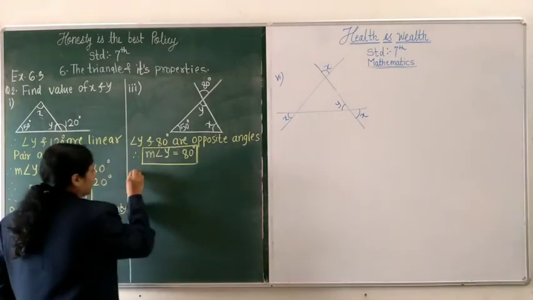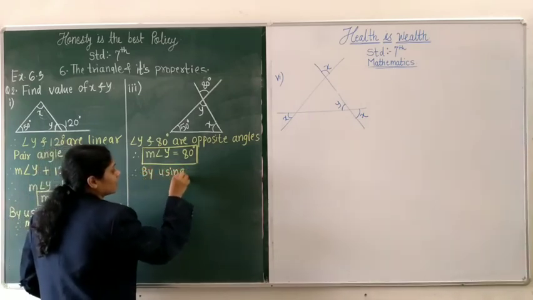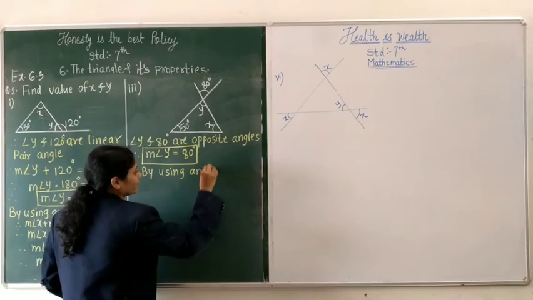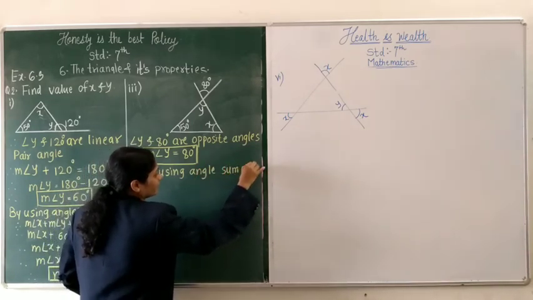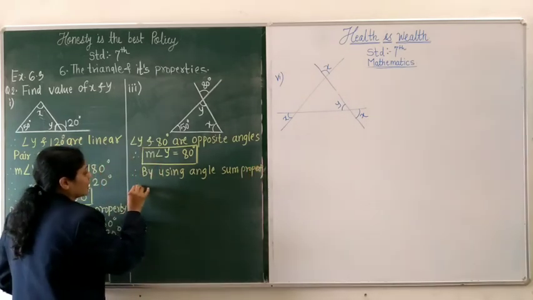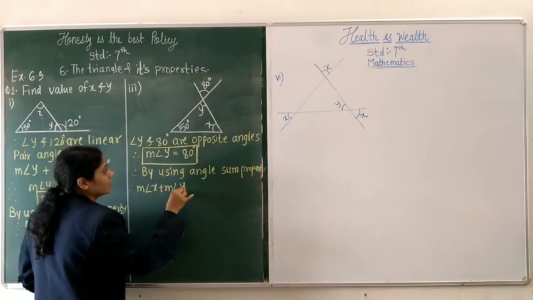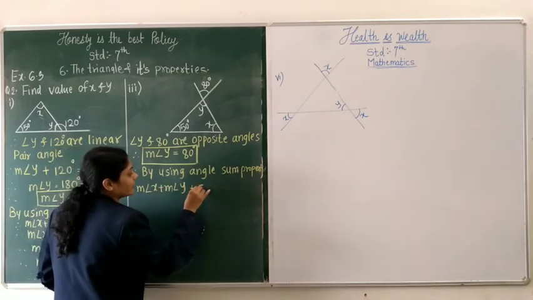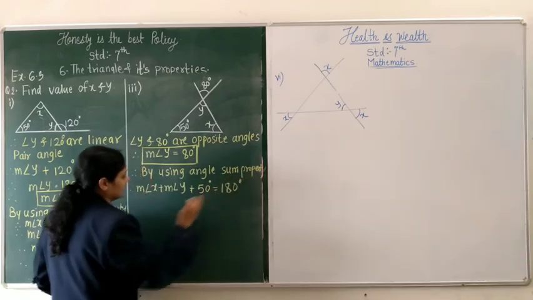So here we will write, by using angle sum property, measure of angle x plus measure of angle y plus 50 degrees is equal to 180 degrees.